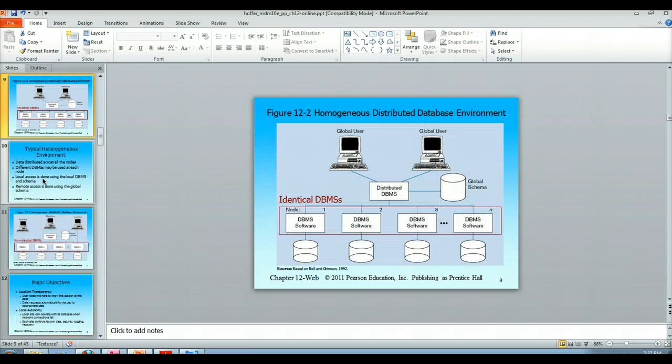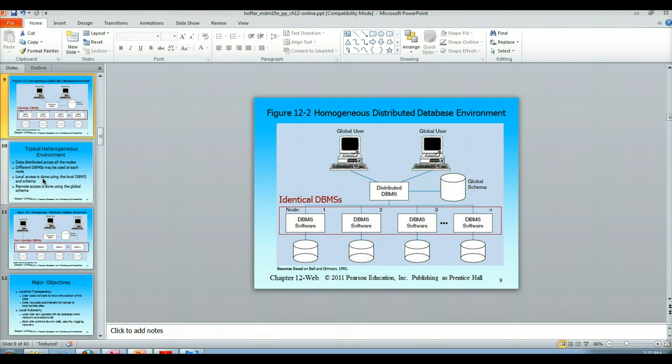So, taking a look at a homogeneous distributed database environment, we've got our distributed database management system. Again, it appears logically as one database management system to the local user. And then you can see that the nodes are all identical database management systems that are somehow copied or replicated, which we'll talk about in another later video.